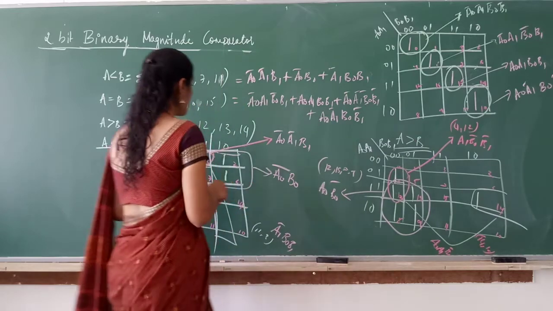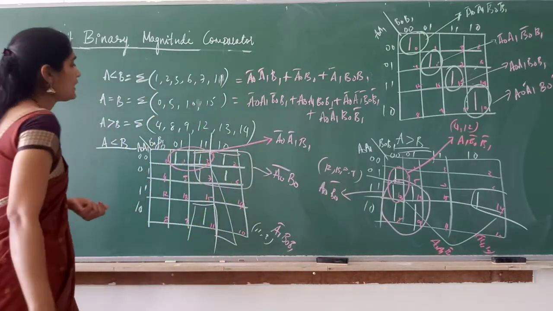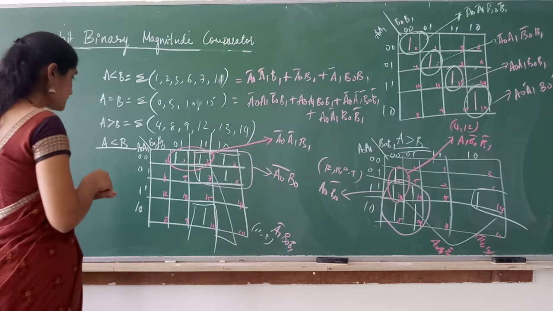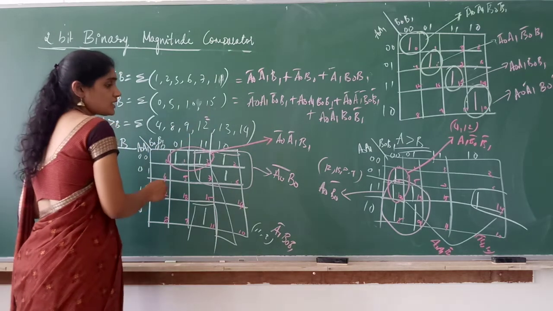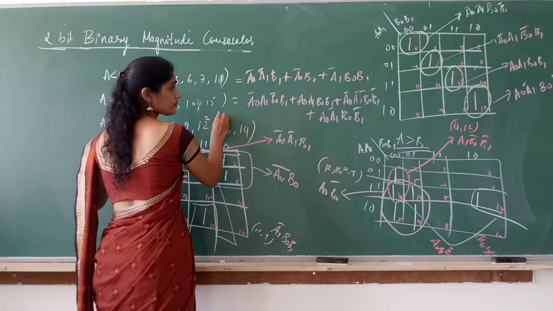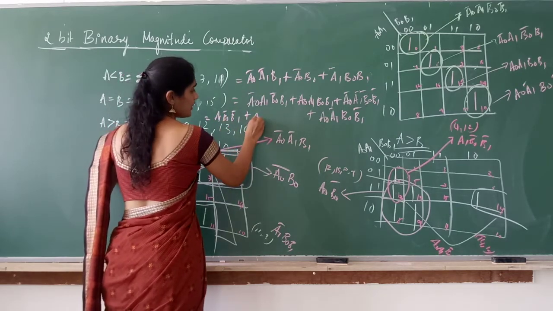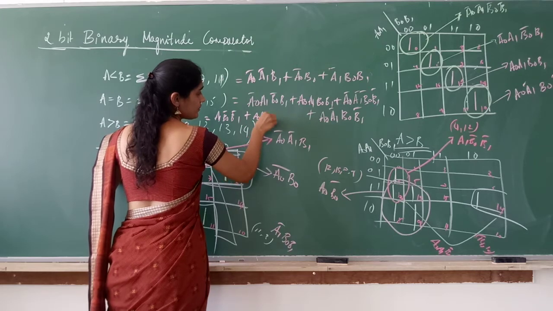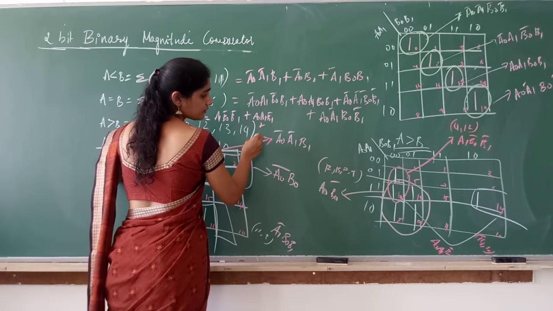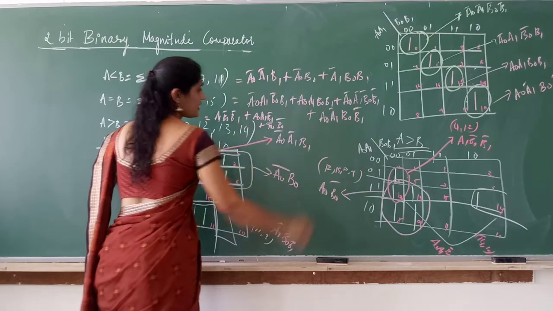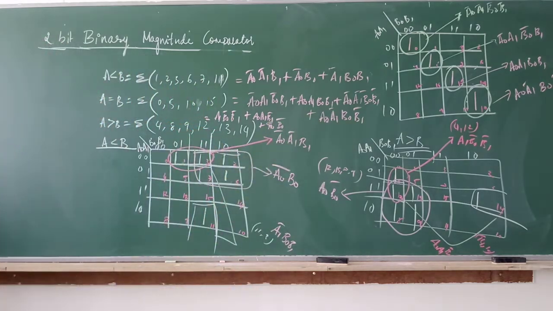So the final equation for A greater than B is A1 B0 bar B1 bar plus A0 A1 B1 bar plus A0 B0 bar.